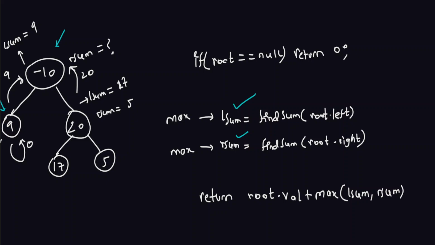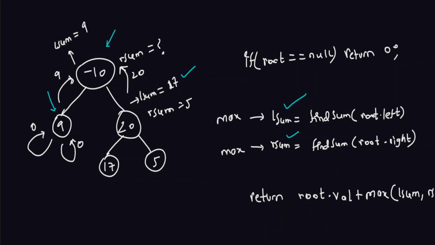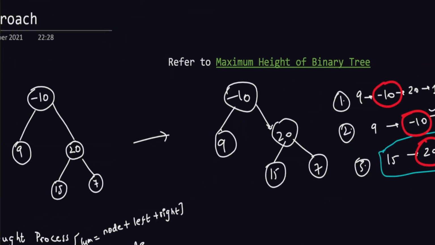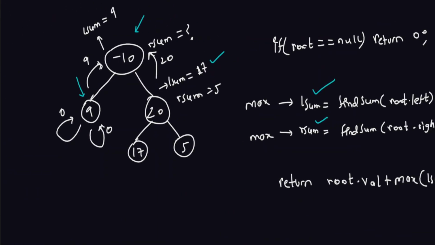So L sum is this. This is going to be the max. This will be selected, right? And then with 20, 17 will be... Oh, my bad. I think I didn't copy it. 15 and 7. Sorry, 15 and 7.